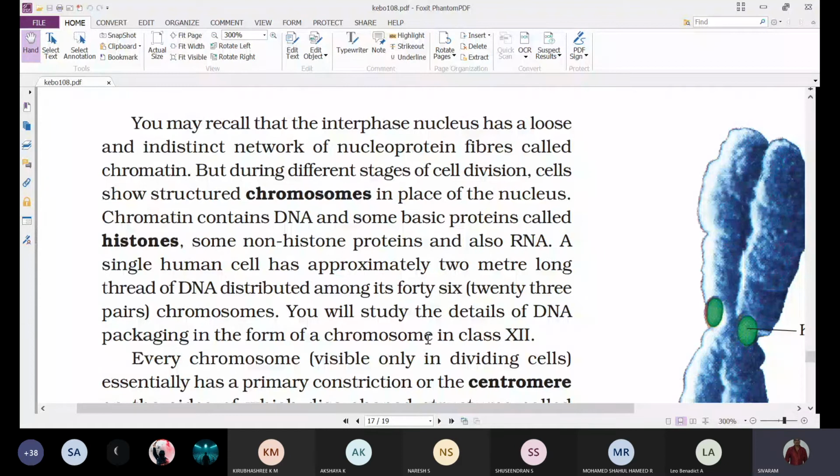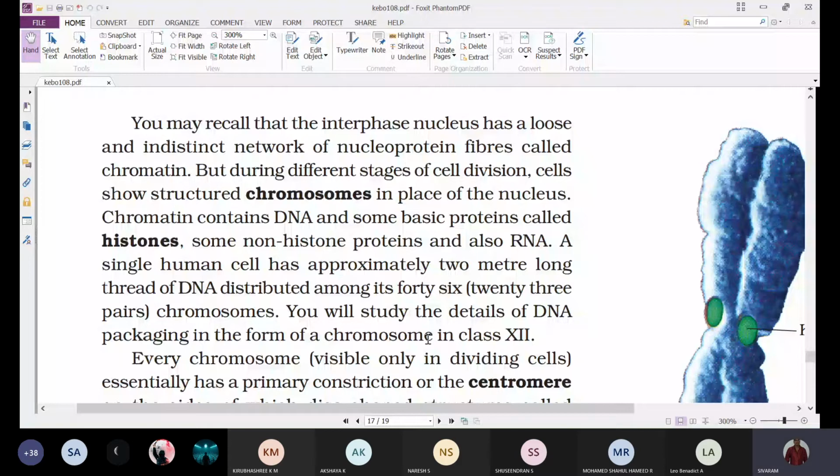Some amount of RNA, because RNA is continuously getting synthesized from the DNA by a process called transcription. The process of synthesis of RNA from DNA we call transcription. So this RNA is inside.